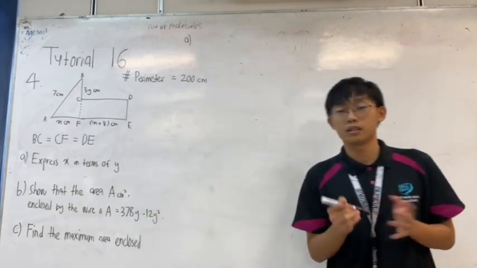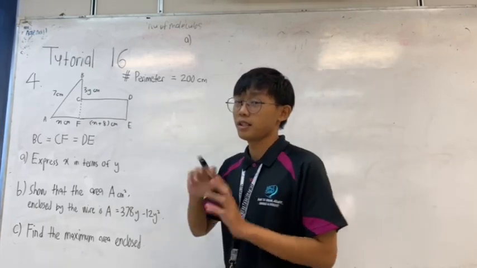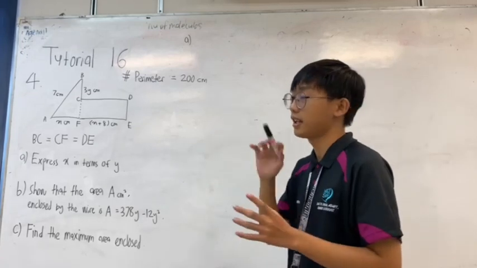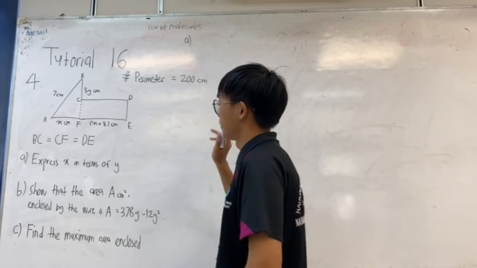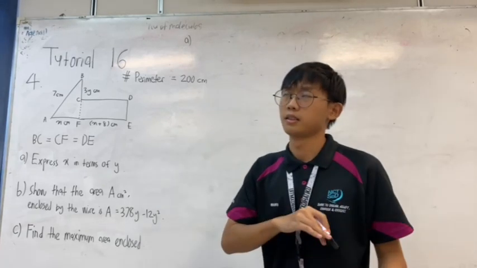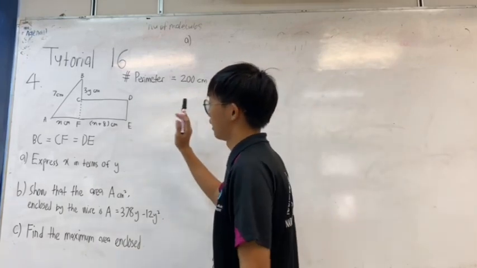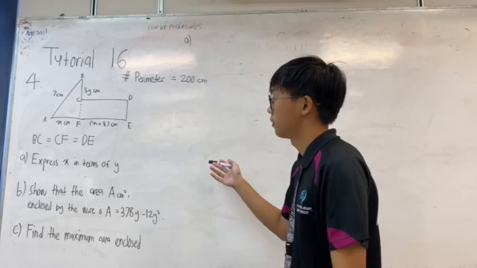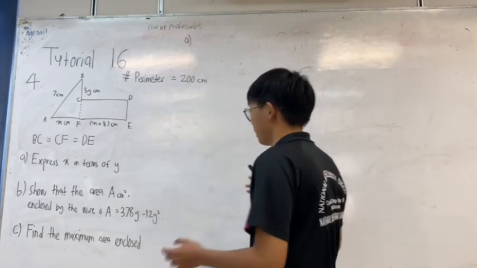So what to solve essentially is, for A, we isolate x to find its value in terms of y, meaning x equals something in y. And then for B, we use the formula for the area of a triangle and a rectangle, and then use the x value from A to show that it equals 378y minus 12y squared.